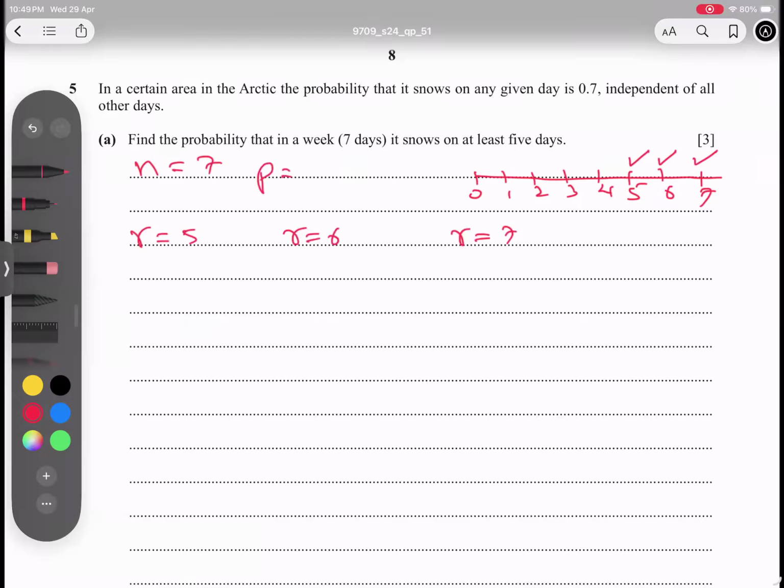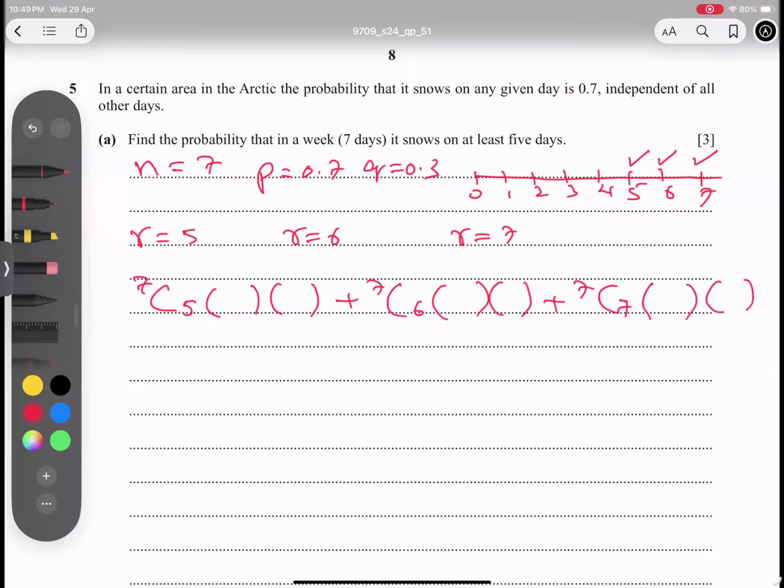The probability of favor, the snow chance, is p = 0.7, and q becomes 0.3. Now, students, I'm going to plug in the values using the binomial formula nCr: 7C5, then 7C6, and lastly 7C7.